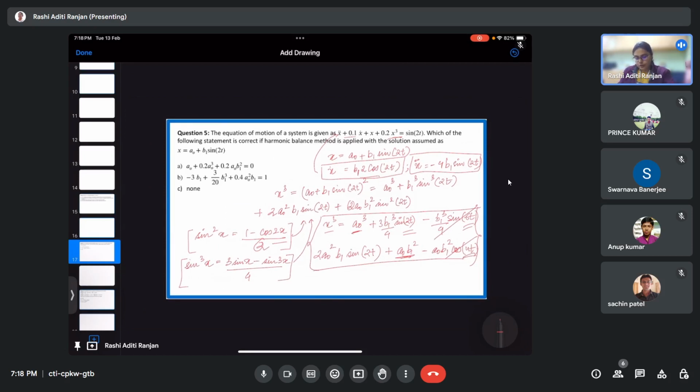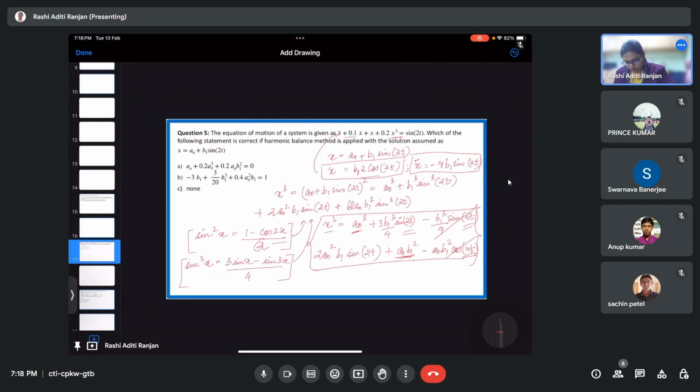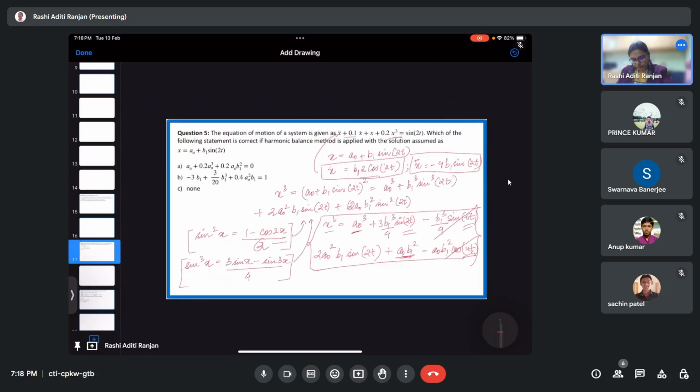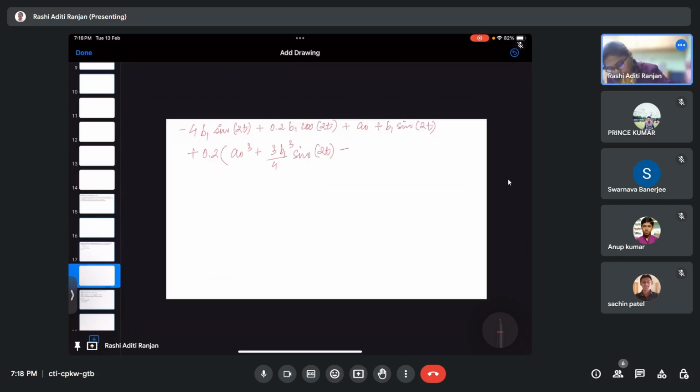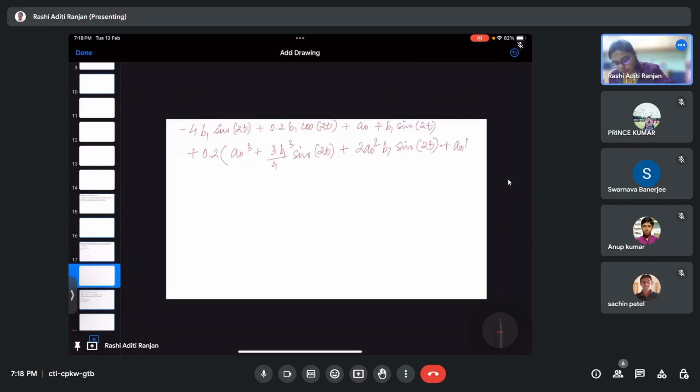So what am I going to get? 0.2 into a naught cube plus 3 b1 cube by 4 into sine of 2t, then twice of a naught square b1 into sine of 2t, and then plus a naught into b1 square.